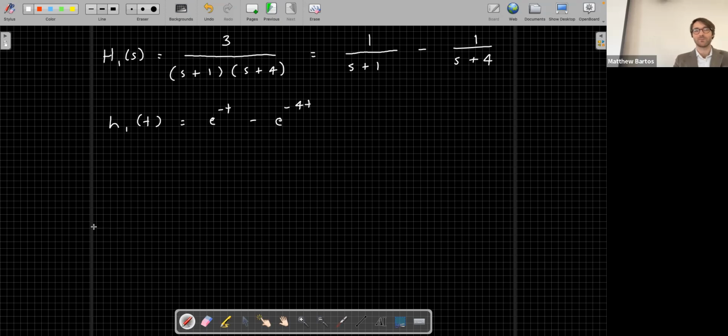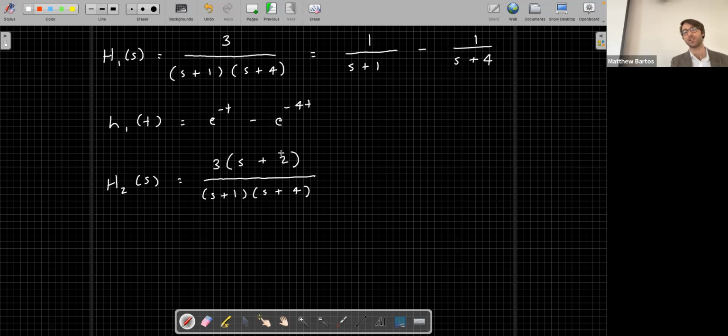Very good. Okay. Now let's say instead of having this system here, we have a system of the form h2 of s, where the denominator is the same. So we have (s plus 1)(s plus 4). Now in the numerator, we'll have a 0. Okay. And what is the 0 of this transfer function? -2. Yes, very good.